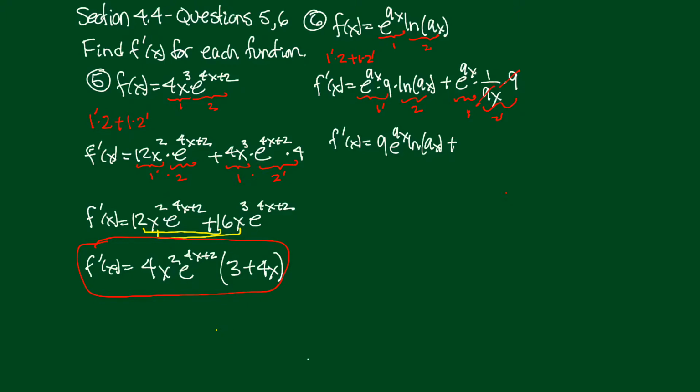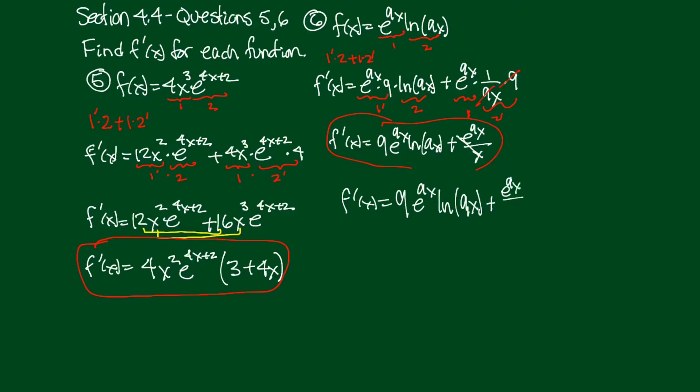So we're going to get e to the 9x over x. So I think that's probably good enough, but, well, what did I write here? So here's a derivative here. Let me just write again: 9e to the 9x ln of 9x, plus e to the 9x over x.